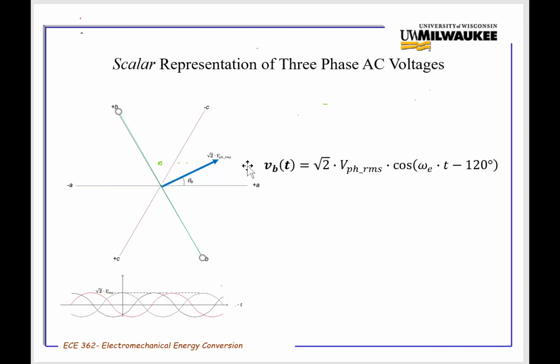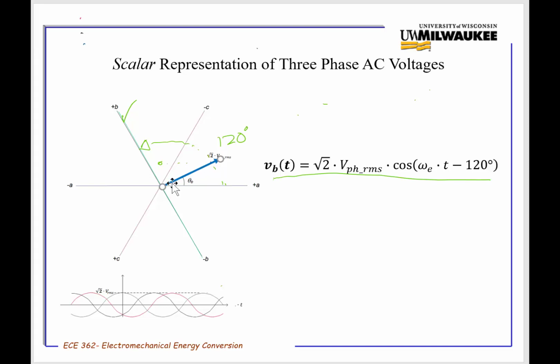But what we've just done is we have displaced that axis by 120 degrees. And now we can envision that as this phasor moves along, it would reflect onto this axis here and produce this voltage VB.